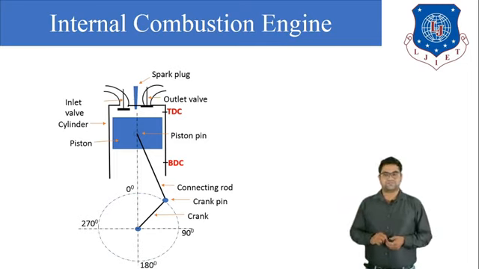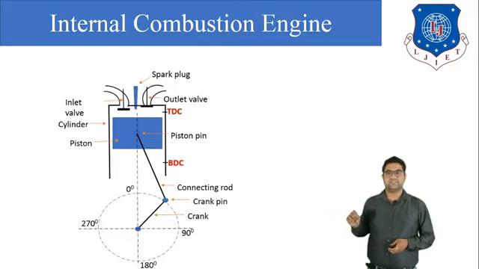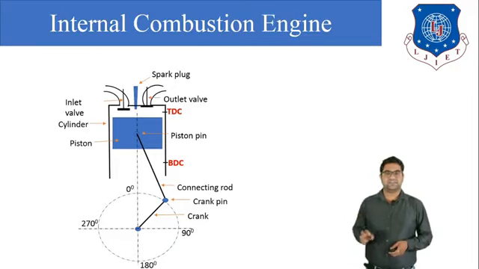Also you can see some degrees here, 0, 90, 180 and 270, that is the rotation of the crank. For understanding the terminology you have to keep this figure in mind: how the piston reciprocates, how the crank rotates, and what the parts of the IC engine are. So let us start with the terminologies of the IC engine.